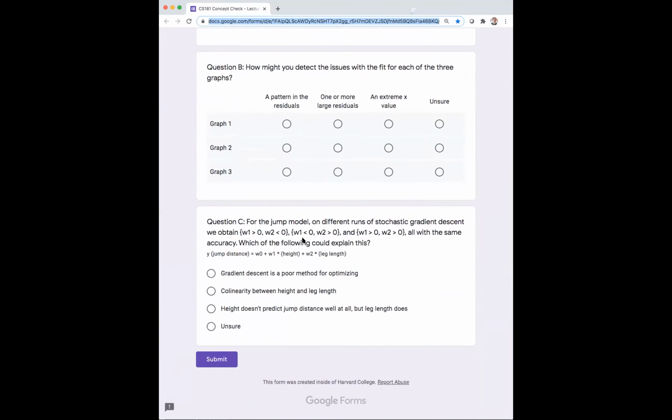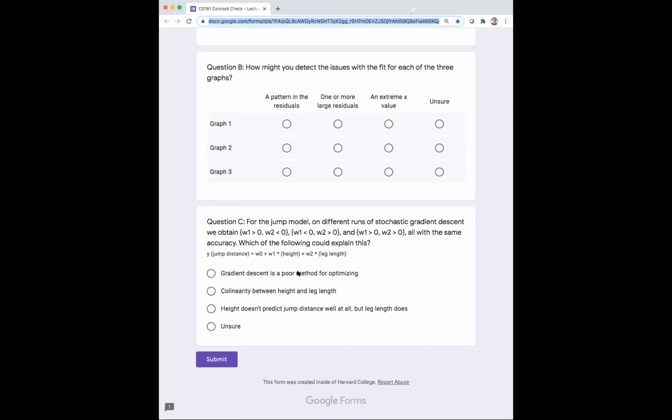And then lastly, on this question, we have this linear model of height and leg length to predict jump distance, and we see these 3 very different fits: either positive on height, negative on length, negative on height, positive on length, or positive on both. Option 1, is it that gradient descent is a poor method of optimizing? Option 2, is it collinearity between height and leg length?